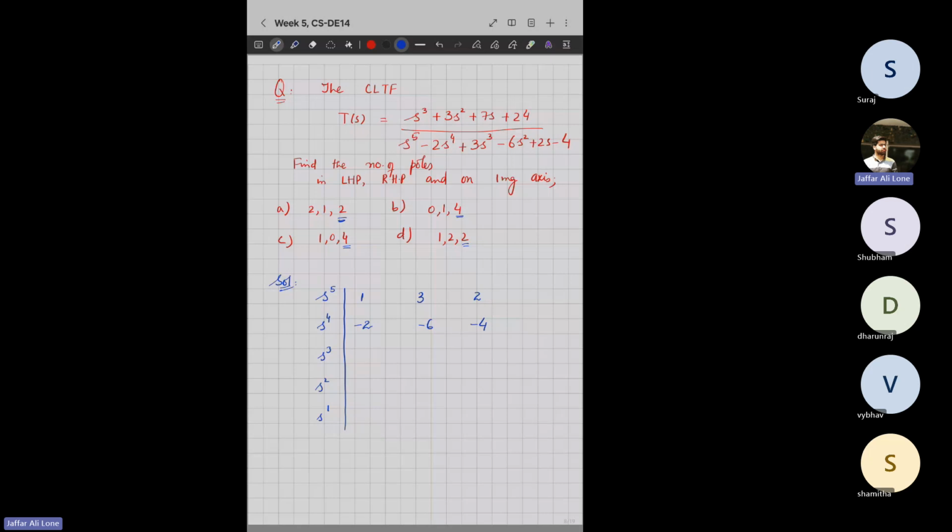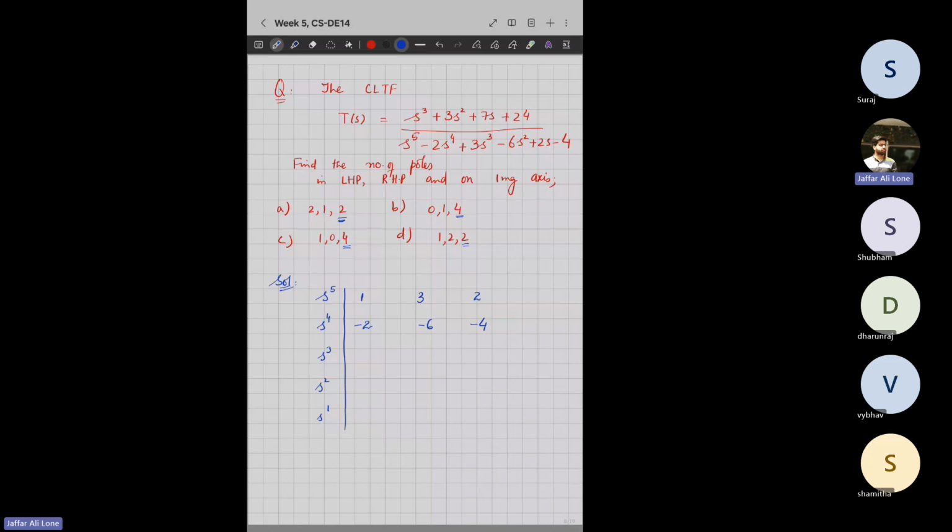Somebody wrote the answer, Suraj. Suraj is saying 4 poles. Where are the 4 poles? Which option do you think is correct? Four poles are on the RHP. Oh, is it? I don't know, I'll check. We'll solve it.